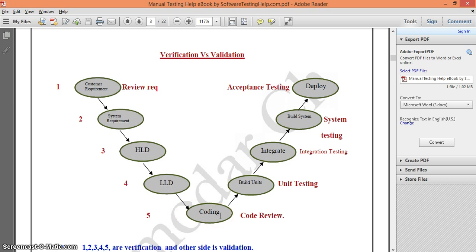Step 5 is coding. Then after you come to the stages, then build units, integrate, build system and deploy. And the parallel to that for testing is the code review, unit testing, integration testing, system testing, and finally acceptance testing. This is just to quickly recap the V model for you.